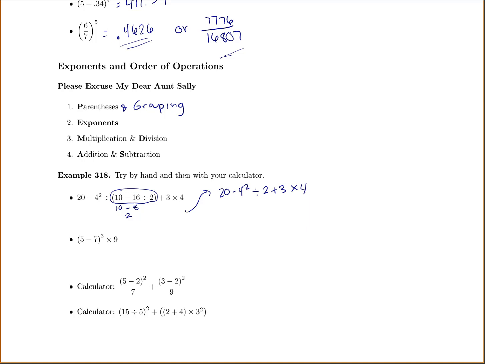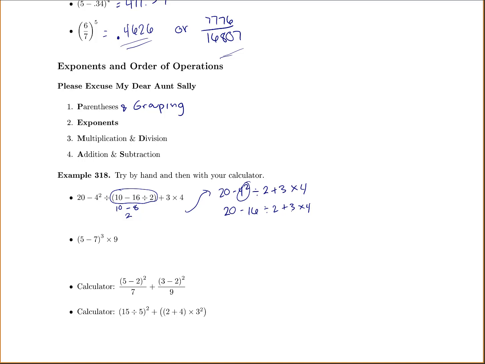So what's next? So we did parentheses. Now we have exponents. So we'll do this 4 squared. 4 squared means 4 times 4. That's 16. So 20 minus 16 divided by 2 plus 3 times 4. Let's see, we have subtraction, division, addition, multiplication. So you do division, multiplication first and from left to right.